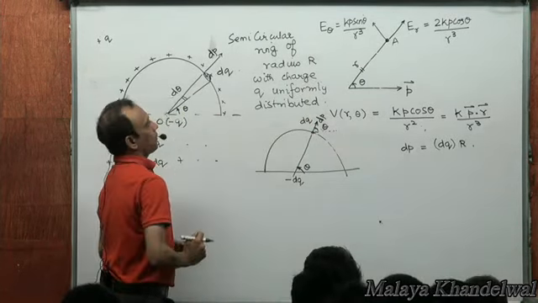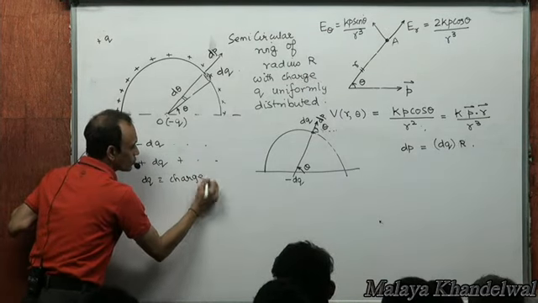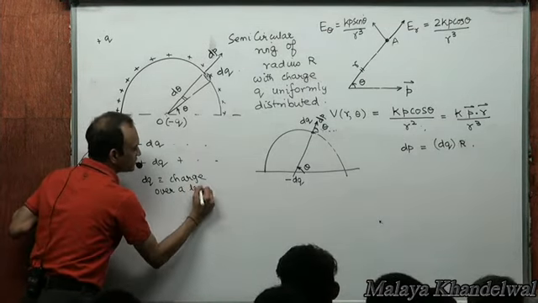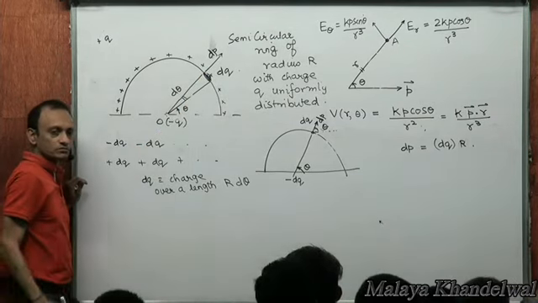And what is this dq? dq is the charge over a length r d theta. Yes or no? This length is r d theta, almost like a point charge.